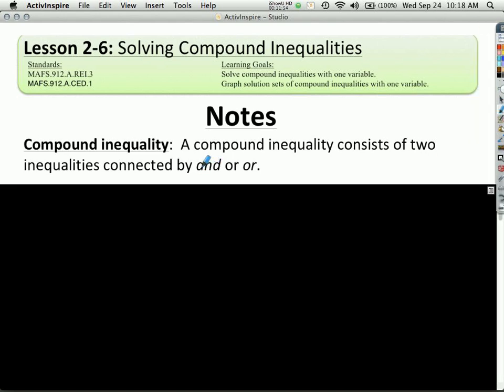We can connect them with the word and, or we can connect them with the word or. So we're going to study what an and looks like, then we're going to study what an or looks like, and then we're going to put it all together.